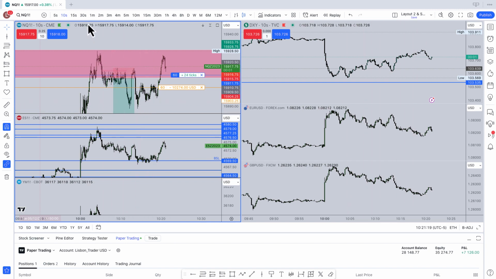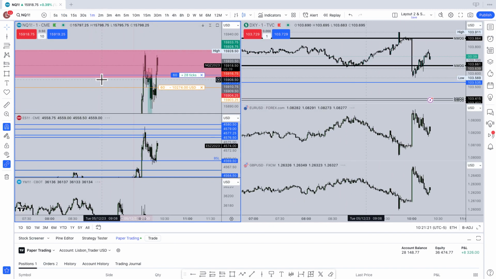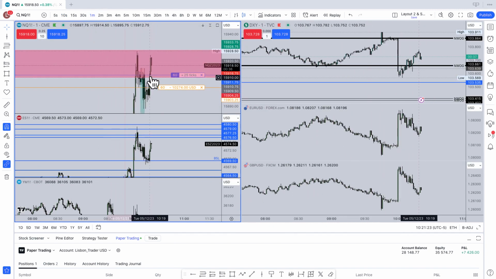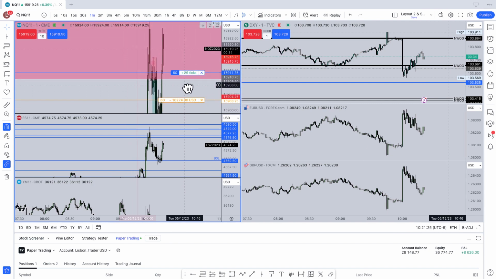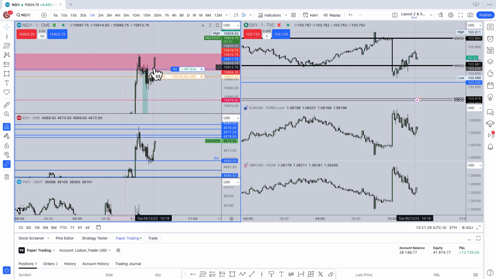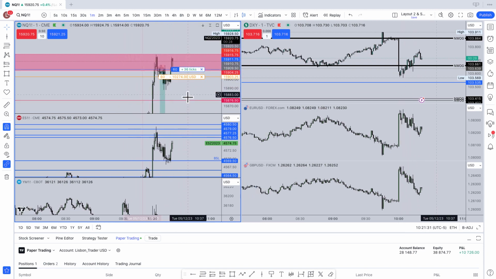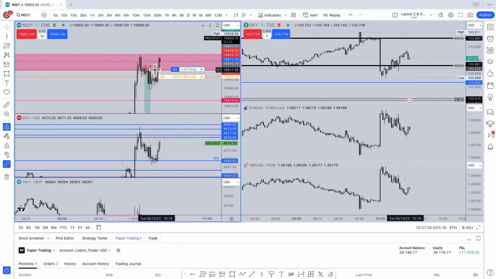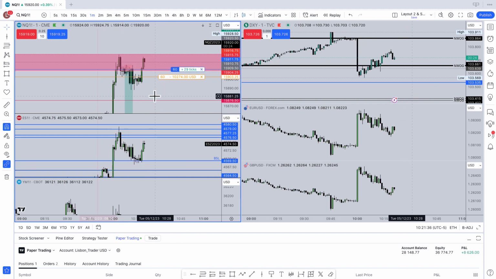So this took one high and just the same. So this has now become a full balanced price range, and now this is the silver bullet. Bullish silver bullet.